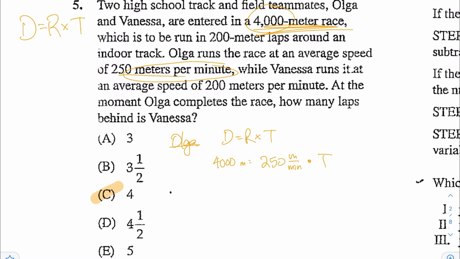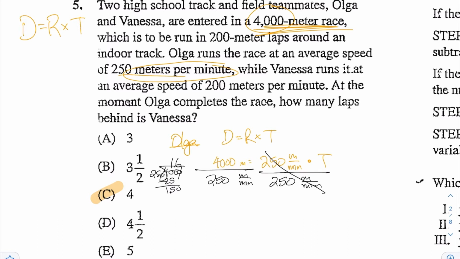So here, to solve for t, we can divide both sides by 250 meters per minute. So here on the left side, you have 4,000 divided by 250. Right, and that's 16. And that's going to be 16 minutes.